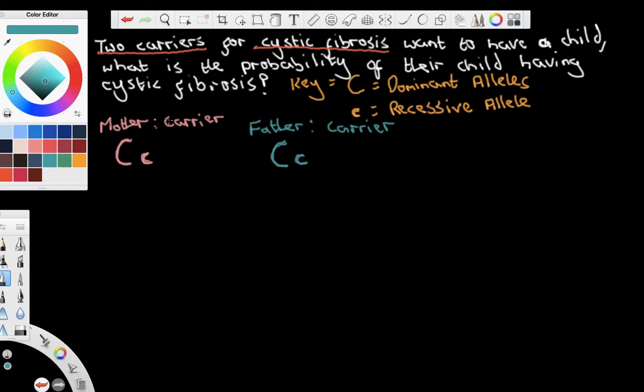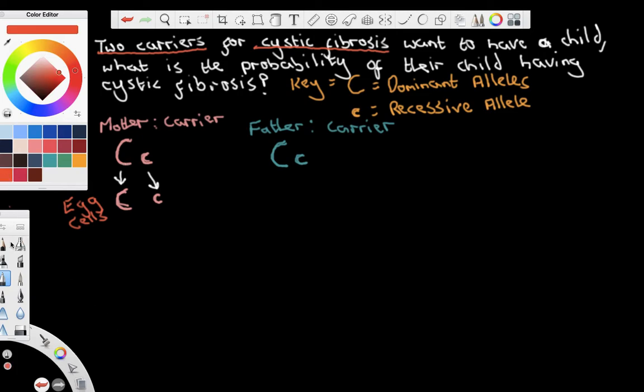So, from the mother, her eggs, so her egg cells, can either have inside them a capital C, which is dominant, or a lowercase c, which is recessive. So the mother's eggs are either a dominant or a recessive.